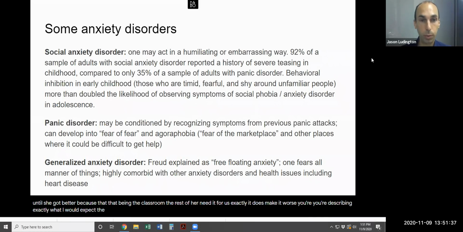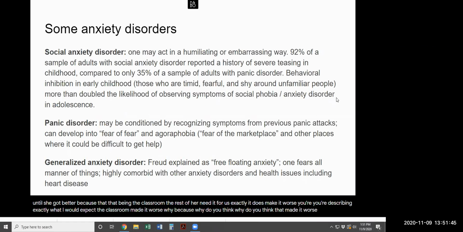The classroom made it worse. Why do you think that made it worse? I think she might feel embarrassed to have a panic attack in front of her friends, and it's loud, noisy, and quite hectic. Exactly.